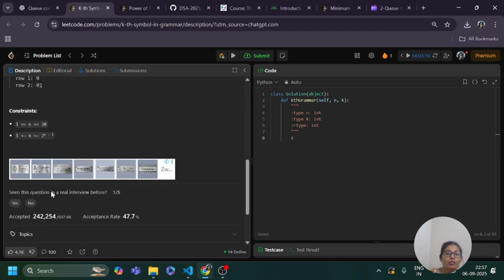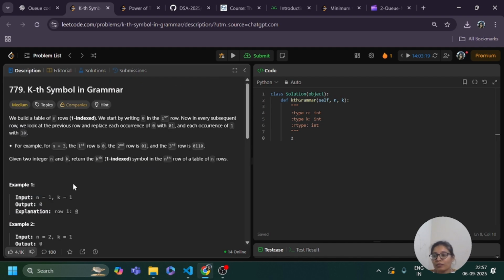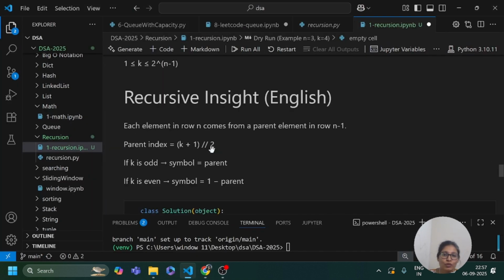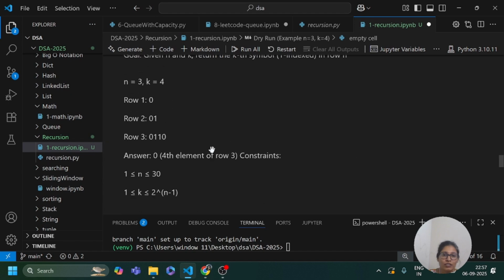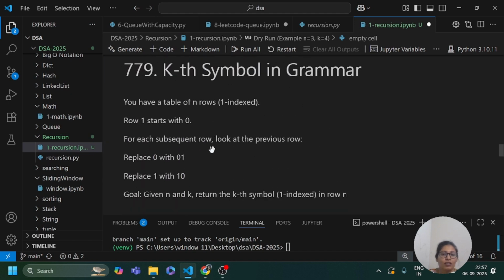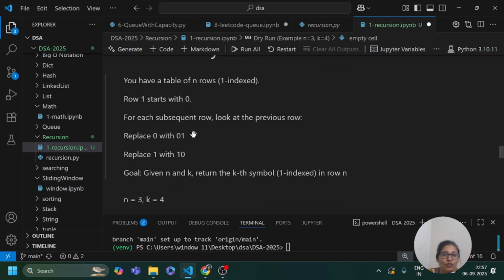Now, let me explain the problem again. If you have a table of n rows, row 1 starts with 0. For each subsequent row, look at the previous row.